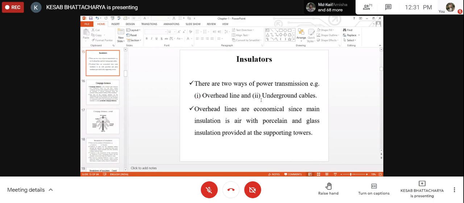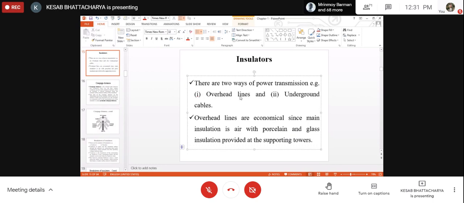For cables, we shall discuss in a separate chapter. For insulators, we shall discuss the different types of insulators which are used in high voltage systems in this chapter.